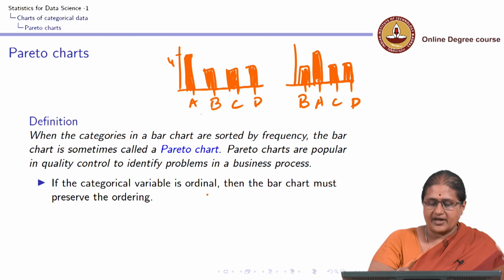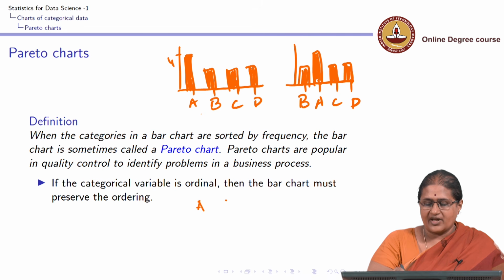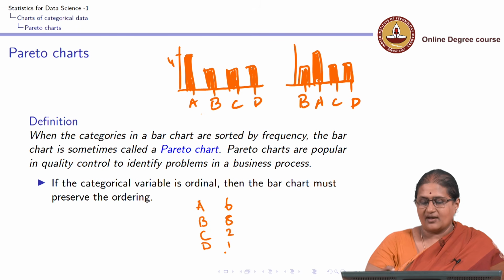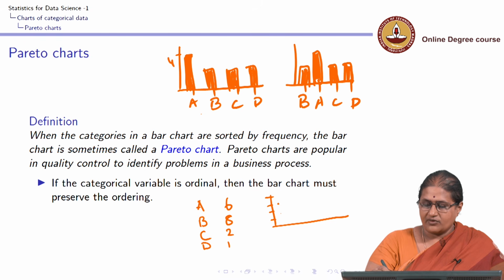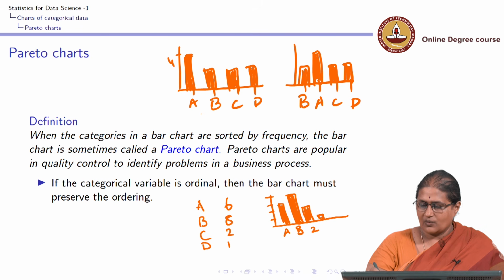For example, if I had a frequency distribution where A was 6, B was 8, C was 2 and D was 1, if I plot a bar chart with 2, 4, 6, 8, category A was 6, category B was 8, category C is a 2 and category D is a 1.